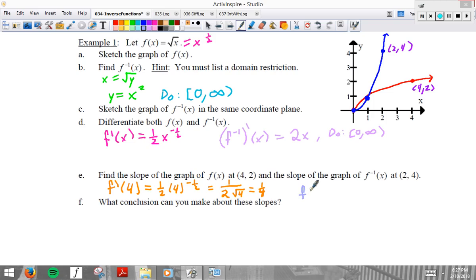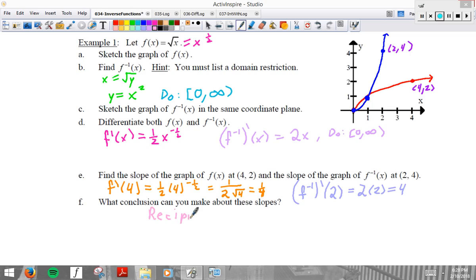And then this again, f inverse prime of 2, we plug in the x coordinate, is 2 times 2, which is 4. So what's the relationship between 1/4 and 4? They are reciprocals.